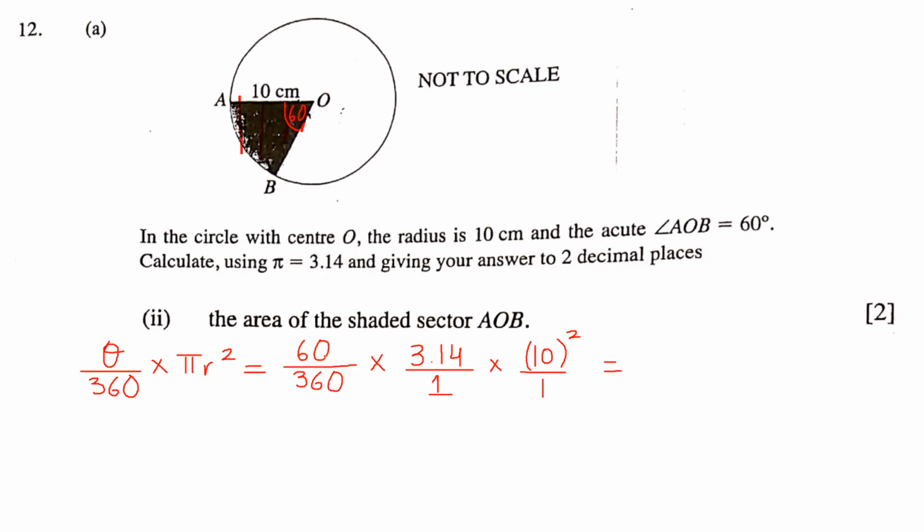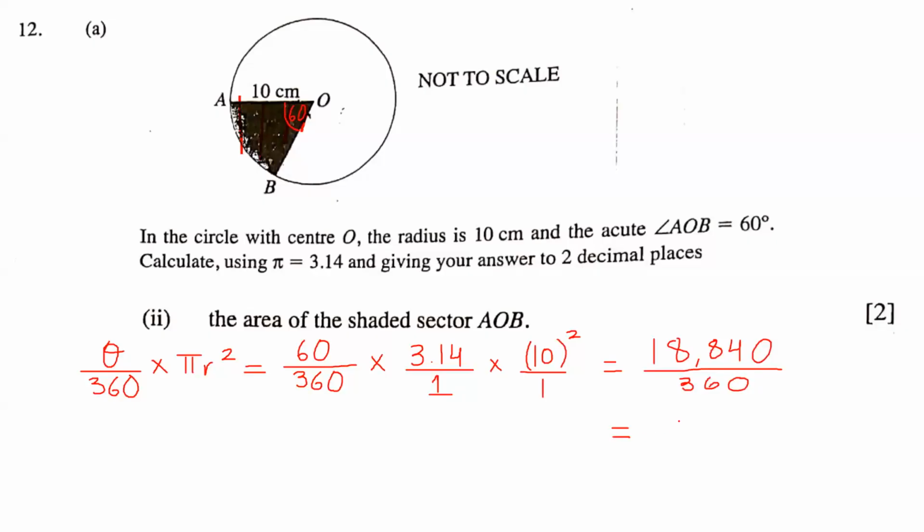And so that's going to be 18,840, divided by 360 times 1 times 1, which is going to be 360. Okay, good. So what is 18,840 divided by 360?